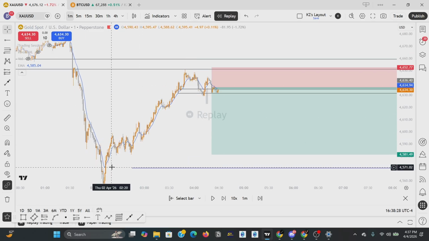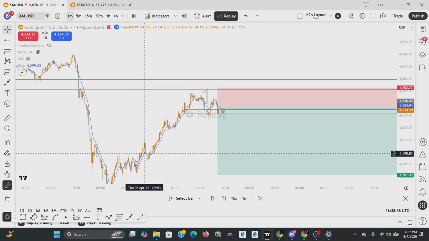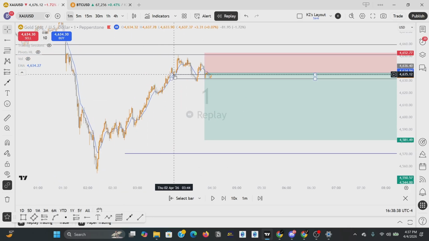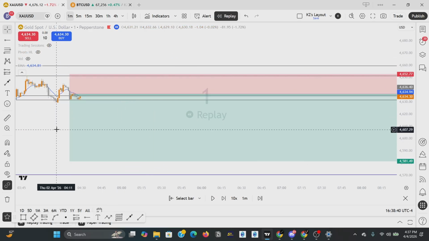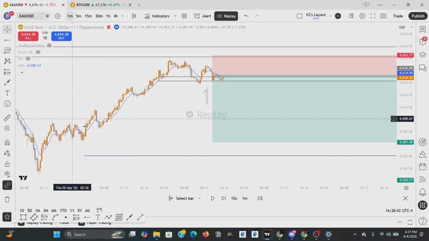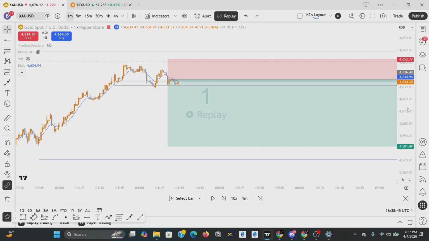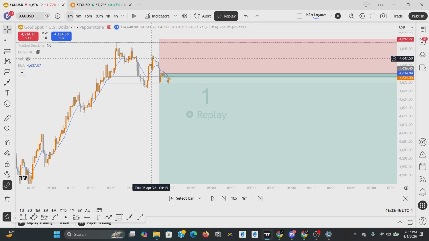So I'm like, okay, I'm gonna wait for it to pull back, and I'm gonna get in on the retest. So price pulled back right here. This is its correction, and then this whole time it's making higher highs and higher lows until it gets right here.